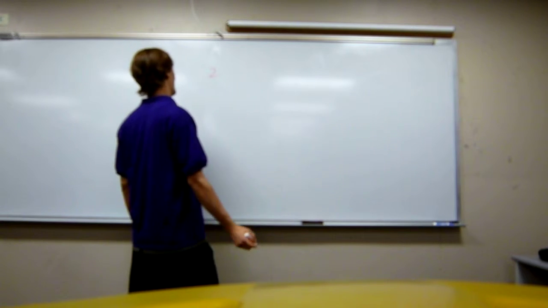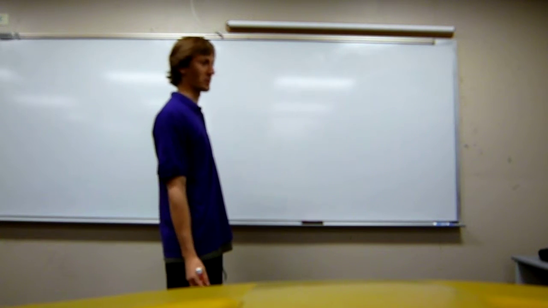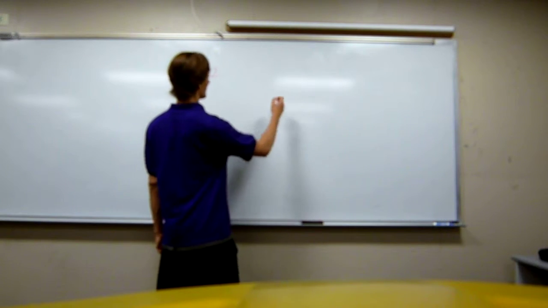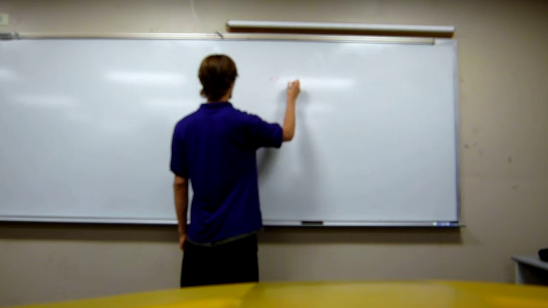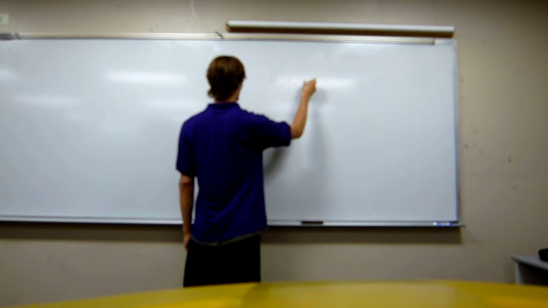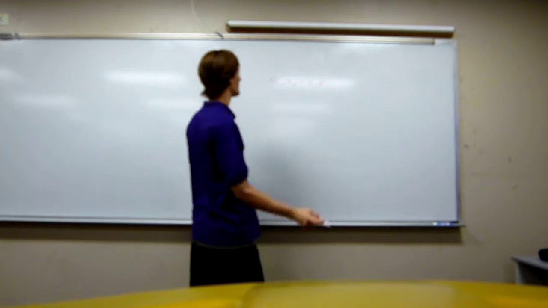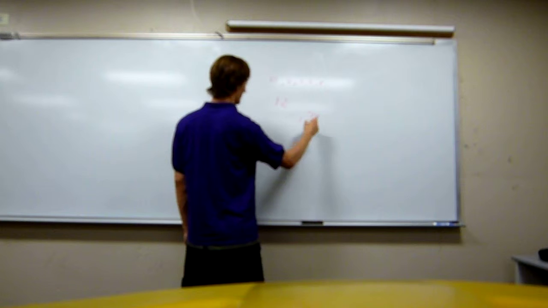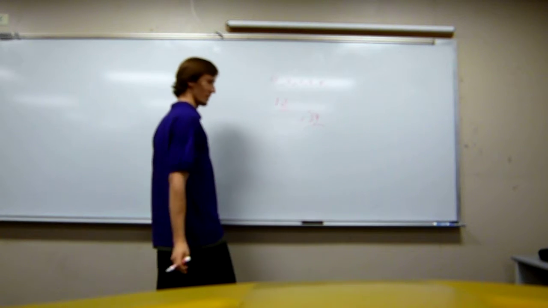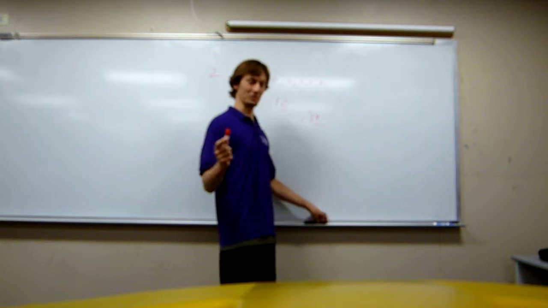Well, any number is divisible by 2 if it is an even number. What is an even number? An even number is a number that ends in 0, 2, 4, 6, 8, that's it. So, 12, 34, see they're ending in one of those numbers. It's going to be divisible by 2.